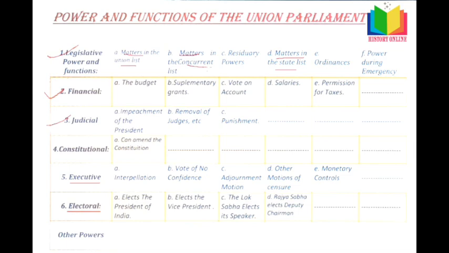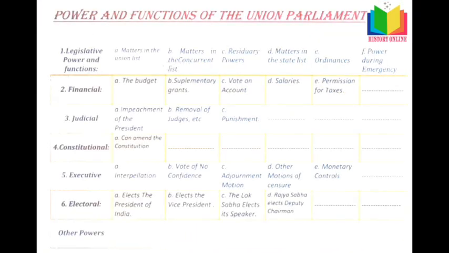The concurrent list includes subjects that give powers to both the central and state governments. It includes subjects like education, forest, criminal laws, etc. But in case of conflict between a union law and a state law made on a particular subject of the concurrent list, the law made by the parliament will prevail. On these 3 lists, the parliament may make laws.